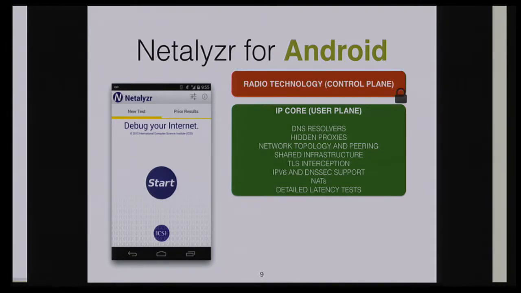So we look at, for instance, the DNS resolvers. We benchmark their performance. We also look for support of new technologies such as IPv6 or DNSSEC. We also run different tests to estimate, for instance, buffer load, or in order to identify certain aspects of peering, NAT behavior, and even the behavior of hidden proxies and HTTP proxies.